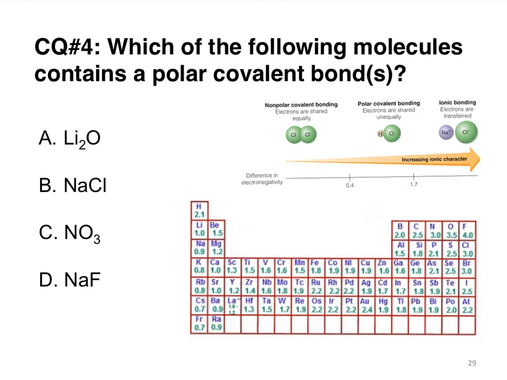All right, so in this chart here, we have oxygen with 3.5, lithium with 1.0. If you look at all these differences, oxygen with any of these is going to be higher than 1.7, so it's going to be ionic. 3.5 minus 1.5 is 2, still bigger.